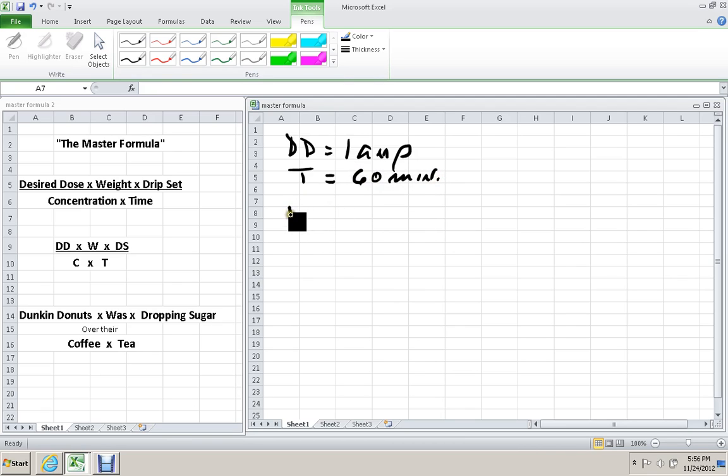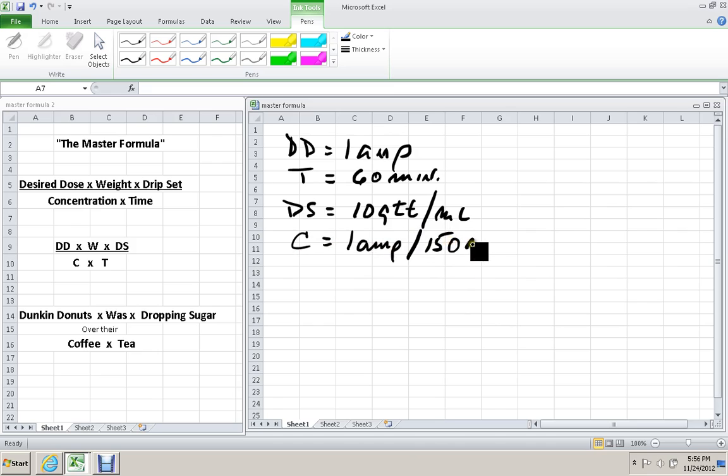And the drop set is equal to, I'm going to make this a macro drop set, 10 drops per milliliter. And finally, the concentration is equal to 1 amp per 150 ml. So let's write that out in the formula.